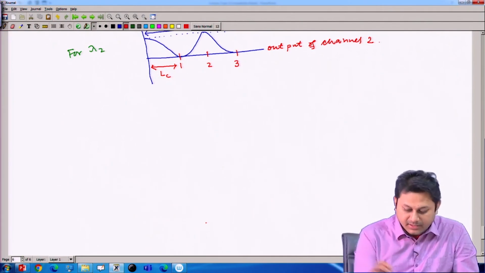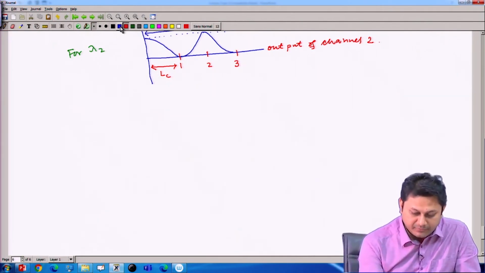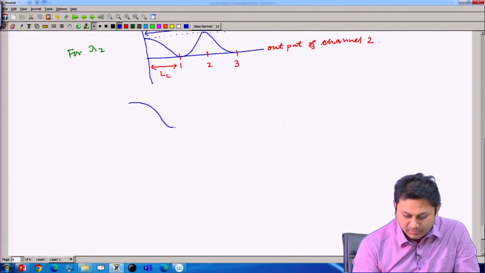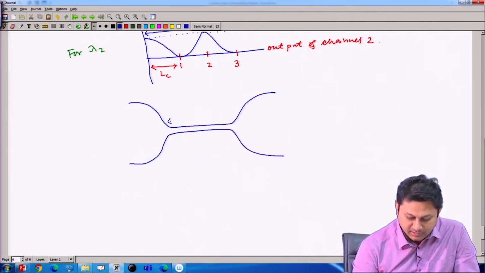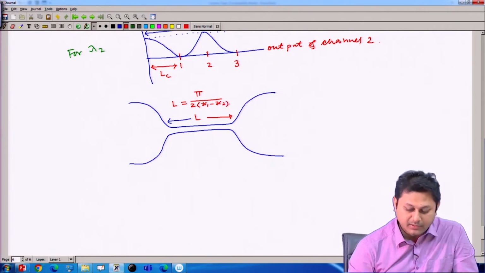So, that means I now have this structure. This length is L that I calculate, and what is L? L is equal to pi divided by 2 kappa 1 minus kappa 2, that I find.